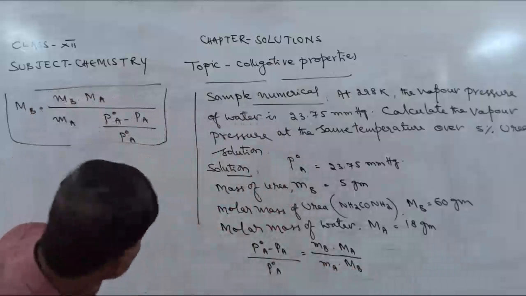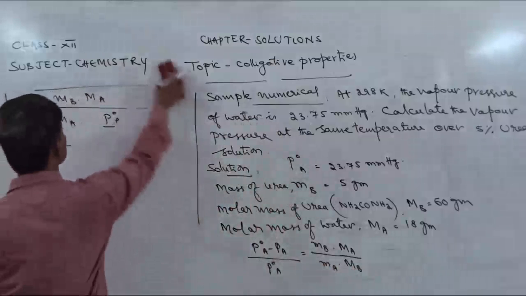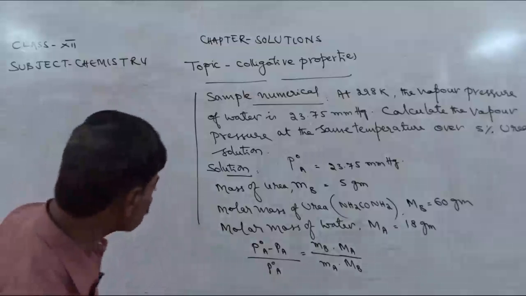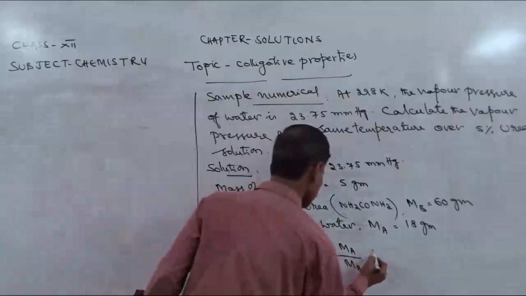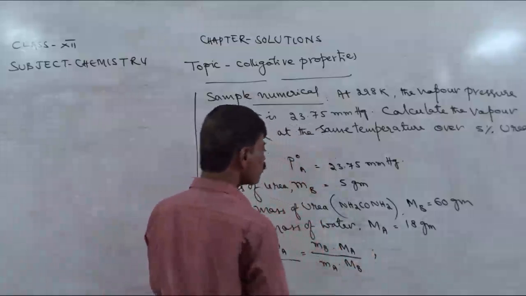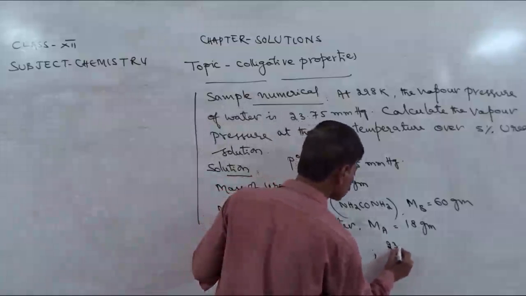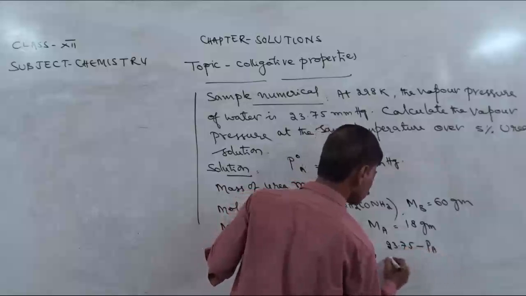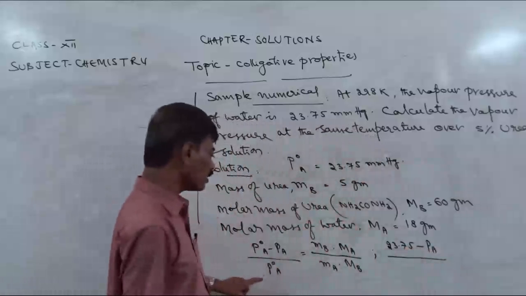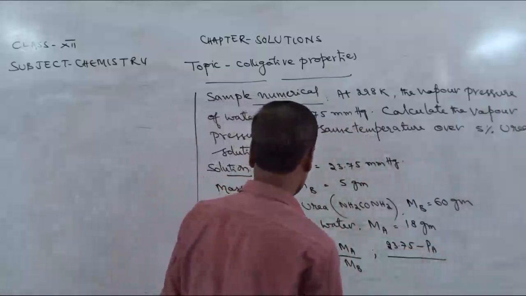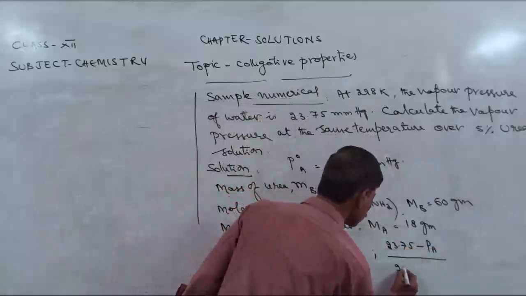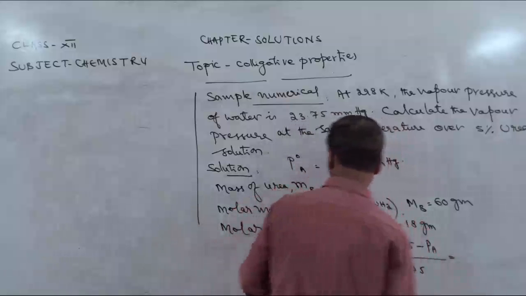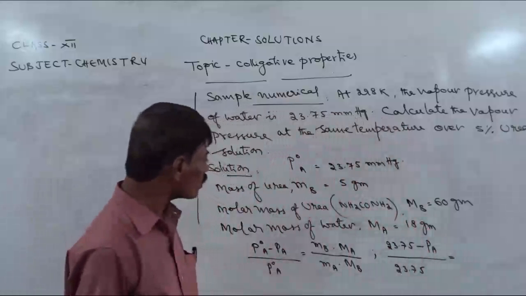Now in this expression what is required to be taken towards left hand side? Let us see. If you substitute the values in this formula, P naught A is 23.75 minus PA, divided by again P naught A, 23.75, is equal to mass of the solute.